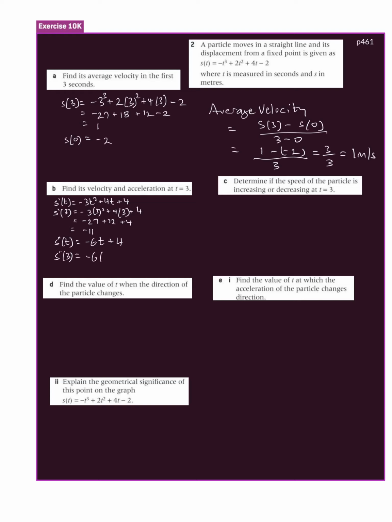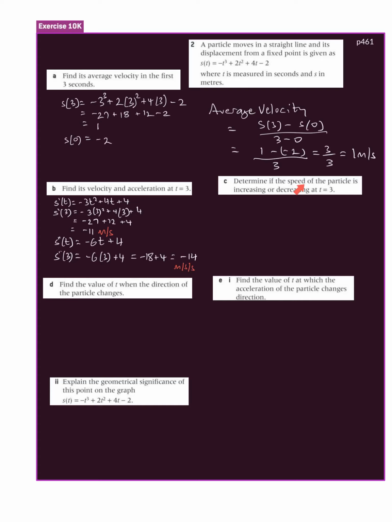So it's minus 6 times 3 plus 4. Well, that's minus 18 plus 4. That's minus 14. Okay. So what we have is we've got minus 11 over here. That is meters per second. And minus 14 is the acceleration. So it's meters per second per second.